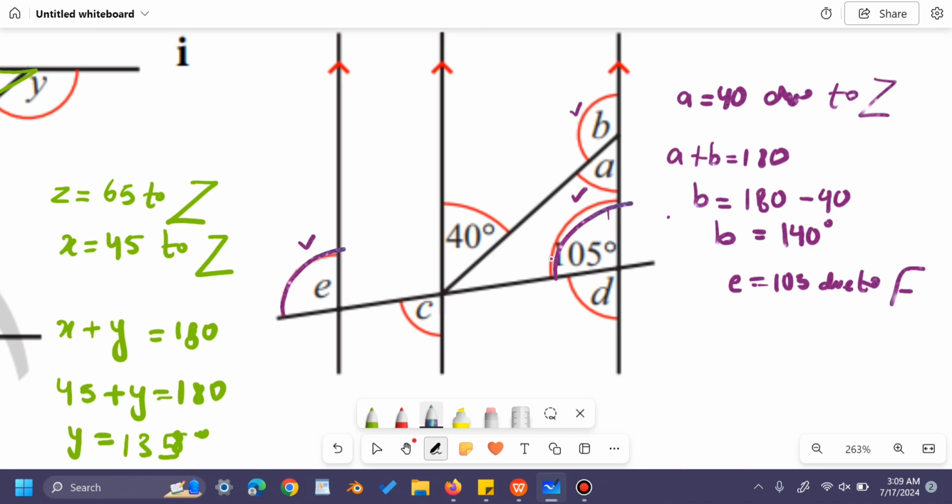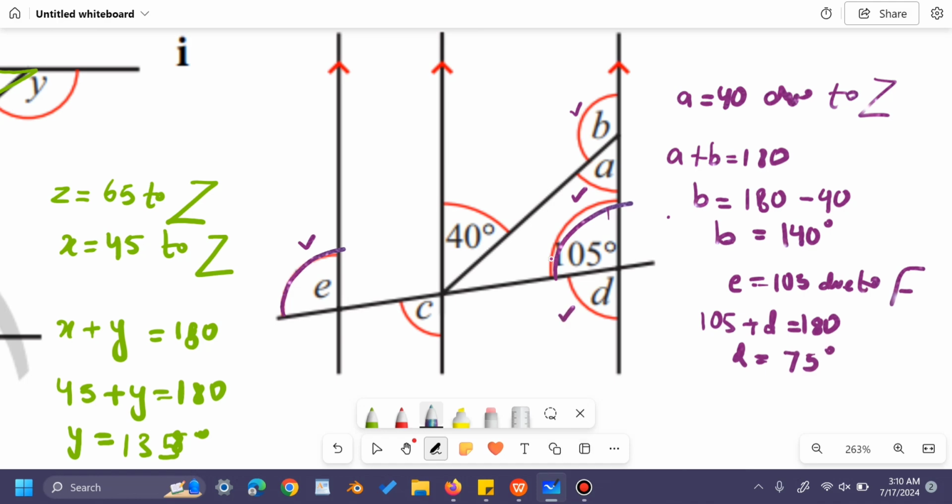For D, we know 105, then we can find D as well using angles on a straight line. So 105 plus D is going to be 180 degrees, and D is equal to 180 minus 105, which will be 75 degrees. And here we have found D as well.